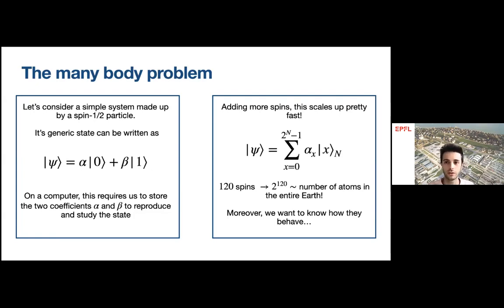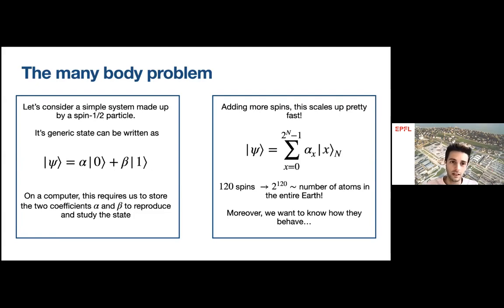We can use quantum Monte Carlo methods, neural networks, as we do also in the group, to reproduce these quantum many-body states. So there are a lot of ways to study quantum many-body physics on classical computers.